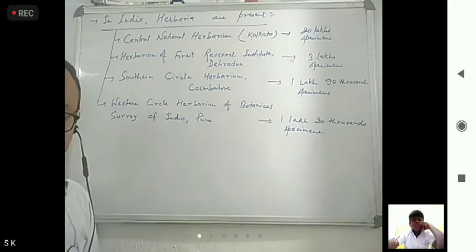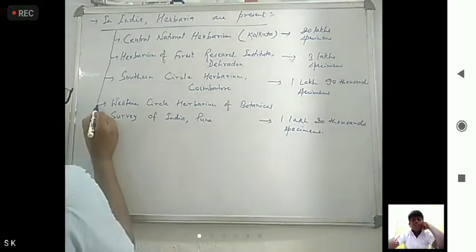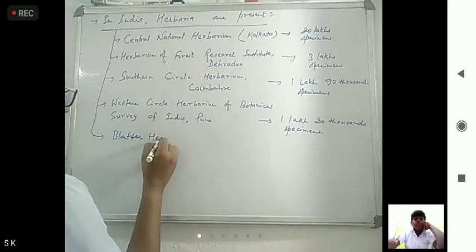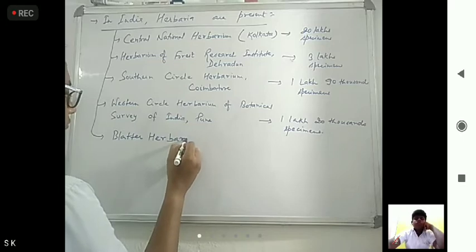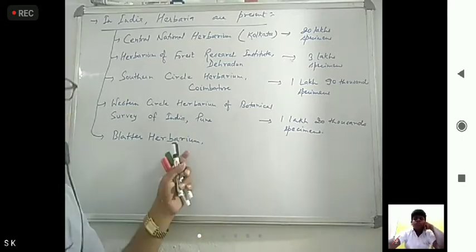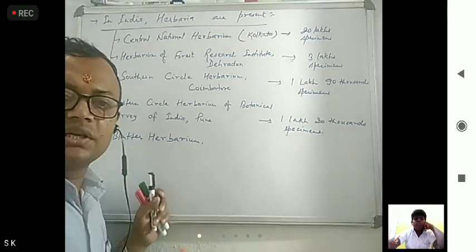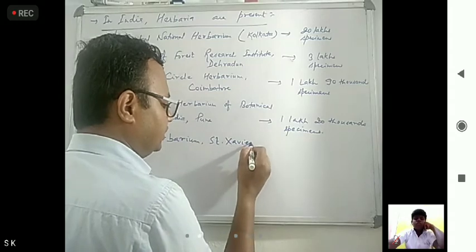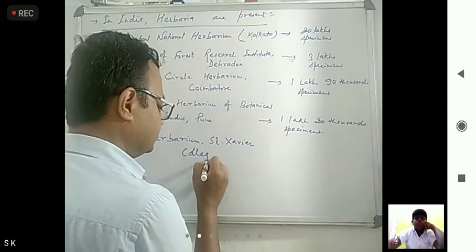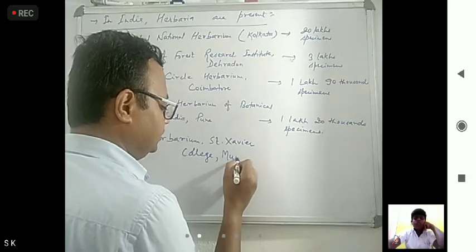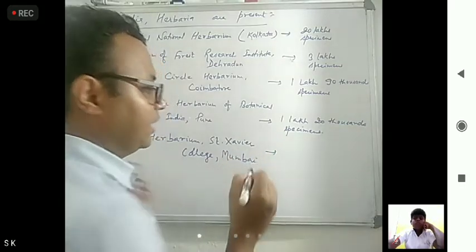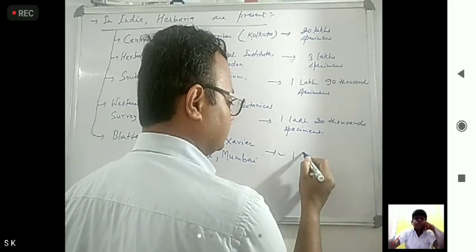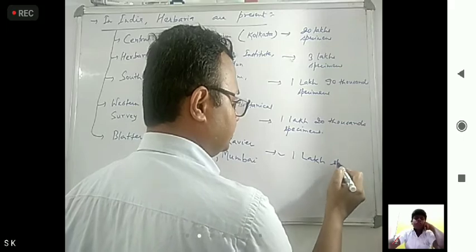One is the Blatter Herbarium. It is present in Mumbai, also known as St. Xavier's College Blatter. It is present in Mumbai and contains approximately 1 lakh specimens.